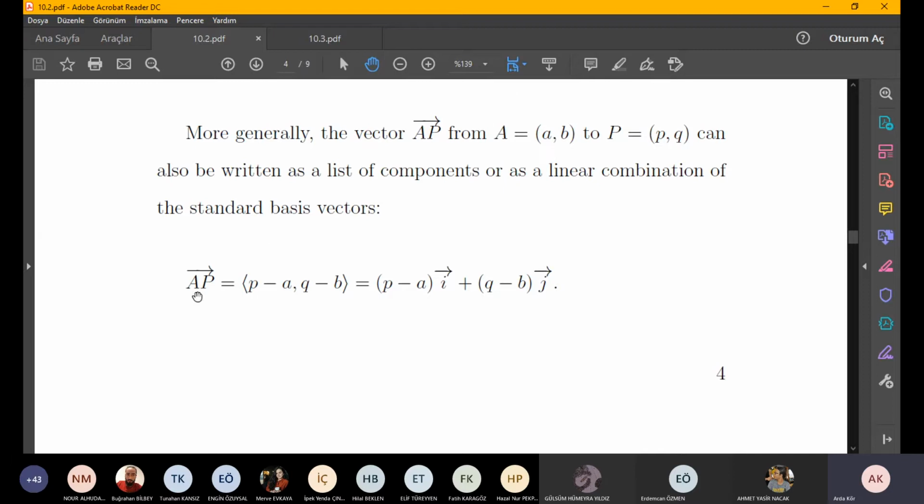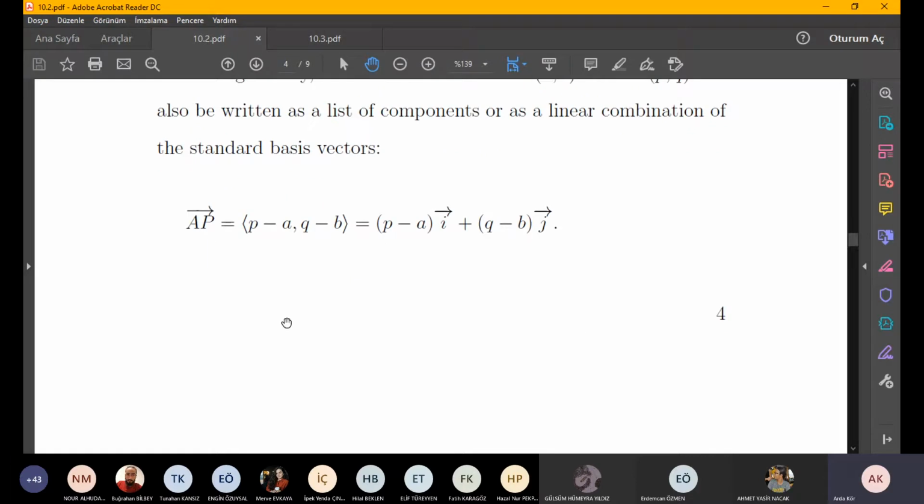You can express that vector as a linear combination of i and j, which are standard basis vectors in two-dimensional space. So this is the expression.